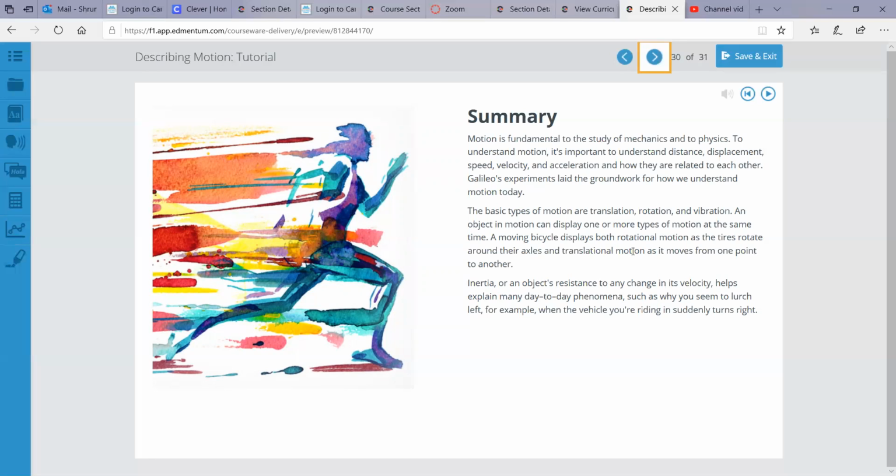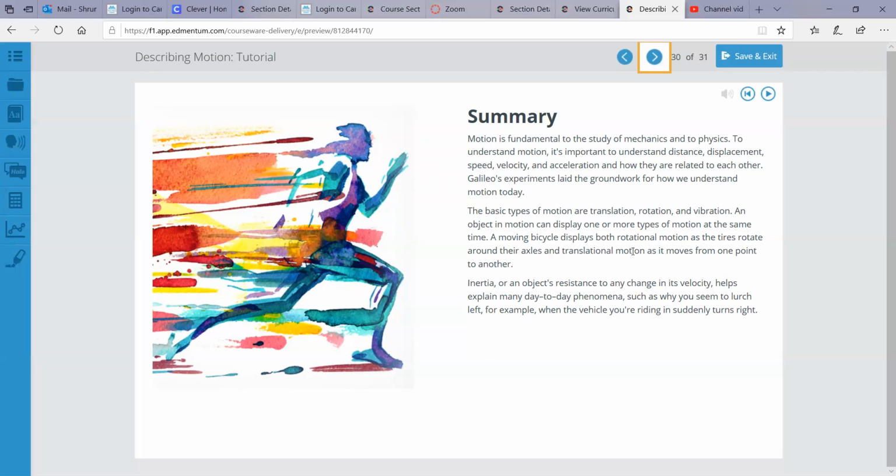Galileo, the Italian scientist, performed various experiments that laid the groundwork for how we understand motion today. The three basic types of motion are translation, rotation, and vibration. An object in motion can display one or more types of motion all at the same time.